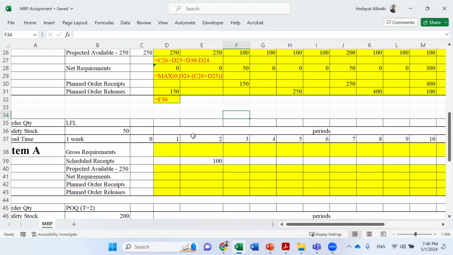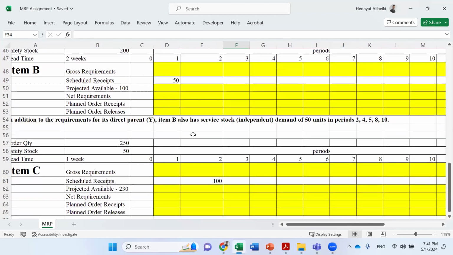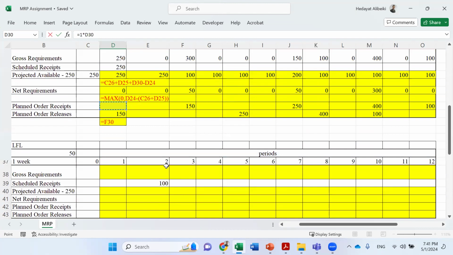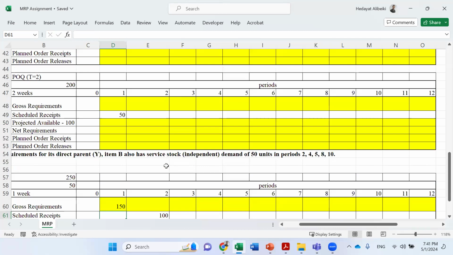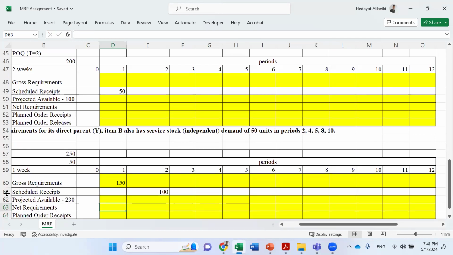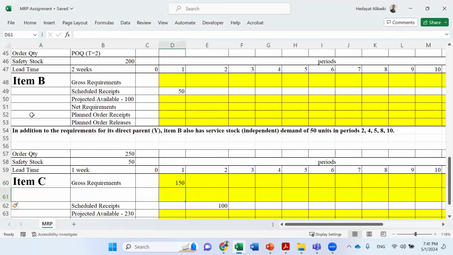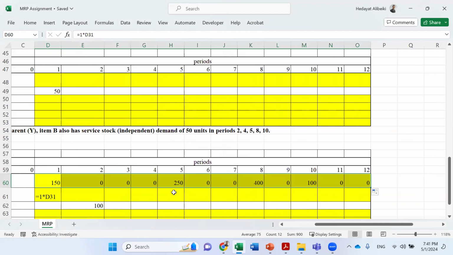That would define the gross requirement for C. Gross requirement for C is going to be 1 times the planned order release of X. And let me also copy the formula. Let me just drag it to the right.